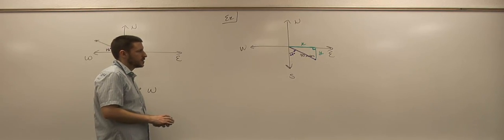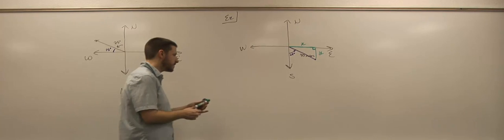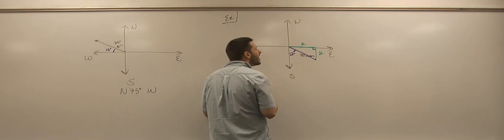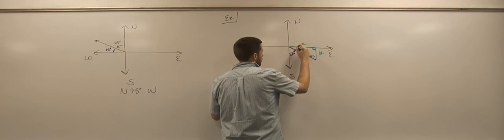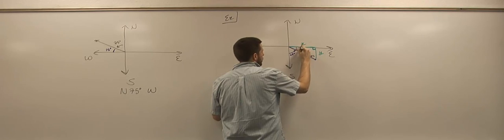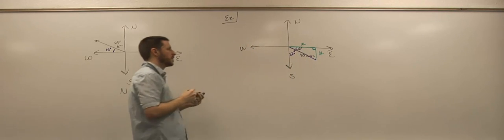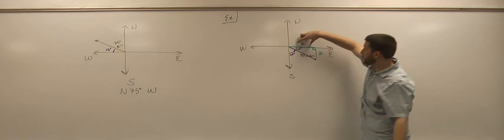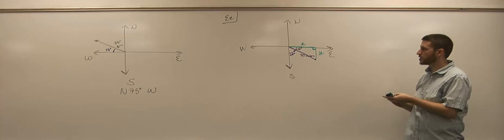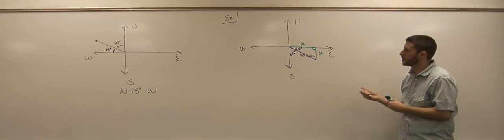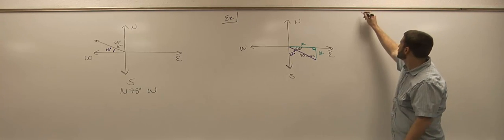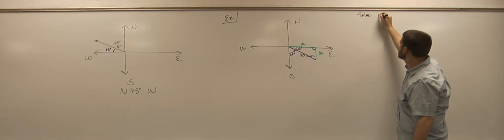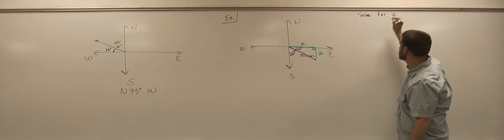How can we get those? Use your reference angle. What's left over here? Let's see, yeah, looks like 26 degrees left over. So then if I want to know my east miles, how far I traveled to the east, I set up a trig function that has x involved. So to solve for x, what trig function should I use?